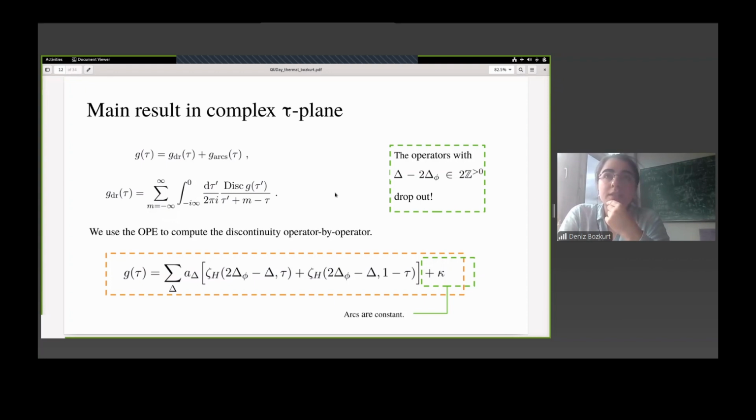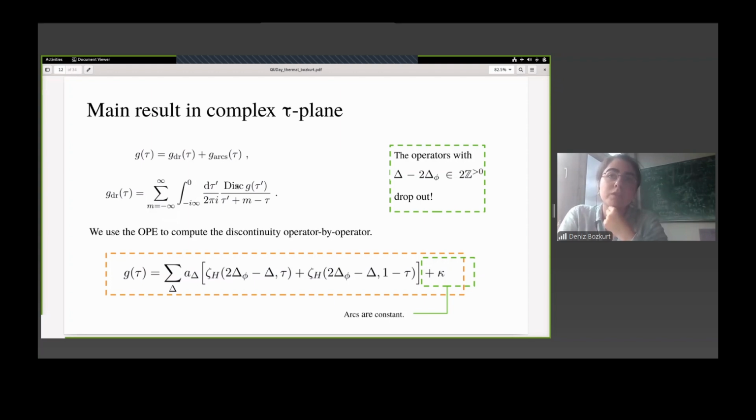So here it is nice that we know that, especially in particular cases, which we will go through one by one, a big portion of the operators that contribute to the OPE do not contribute to the discontinuity. So the procedure gets simplified.